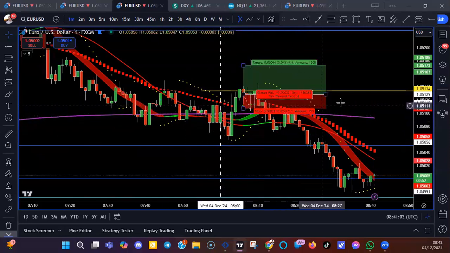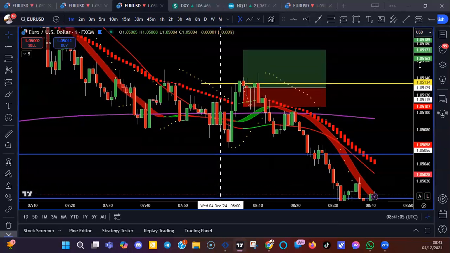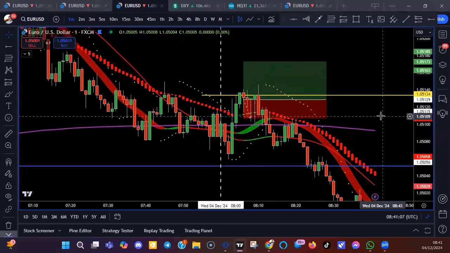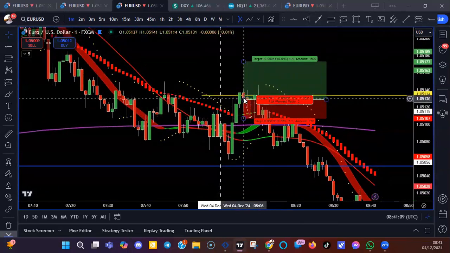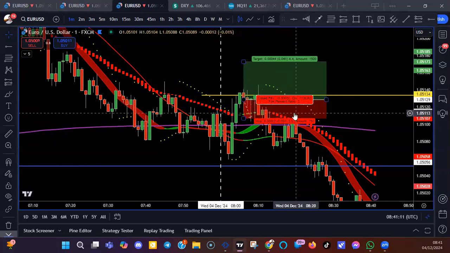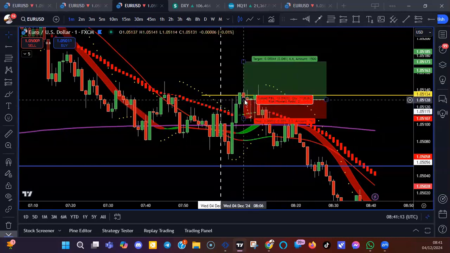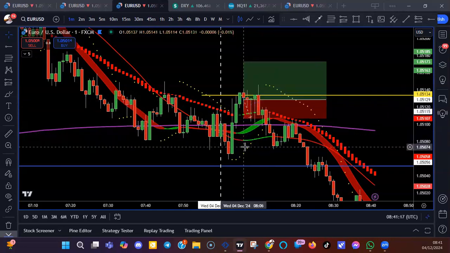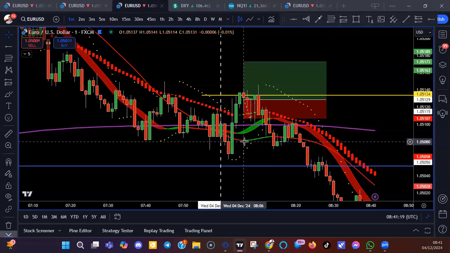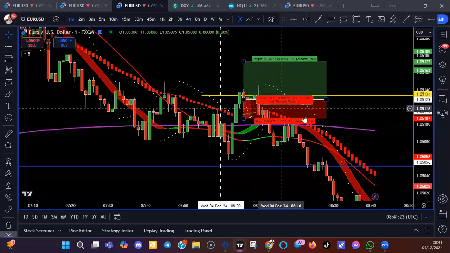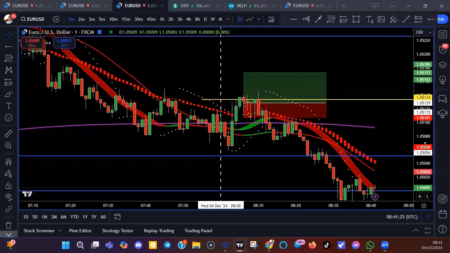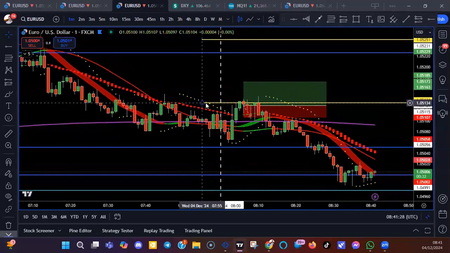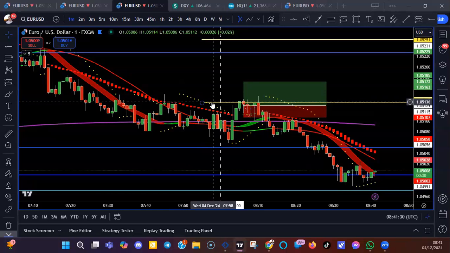I can understand some people may have got in, but we got all this sell action here. Wouldn't want to get in until it's more established, and you couldn't get in until 8:06 anyway because the trend line didn't go green until then. Right. Okay.